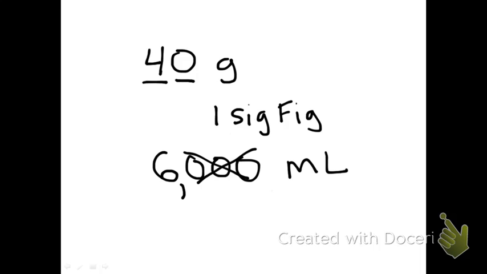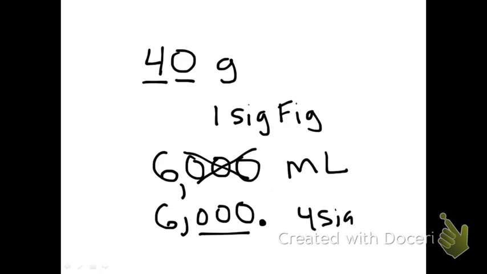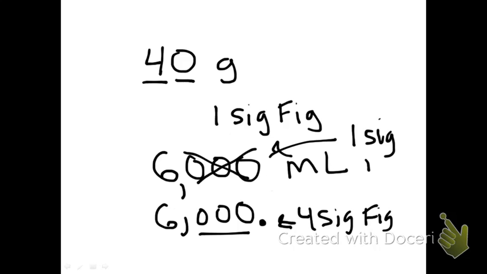However, if I would have said 6,000 and I would have included a decimal point, then all 3 of those zeros would have been significant because they come at the end of the number and there is a decimal point. So in this case, there would be 4 significant figures for this number, but only 1 sig fig for the 6,000 with no decimal point.